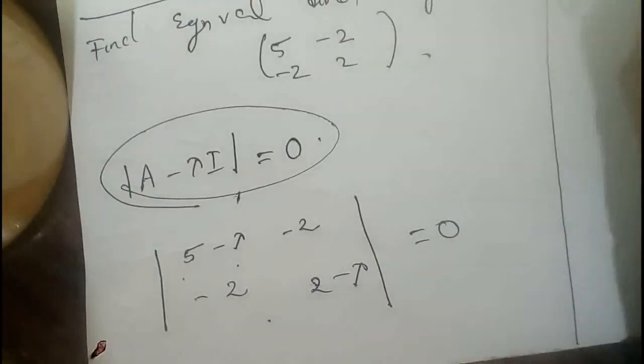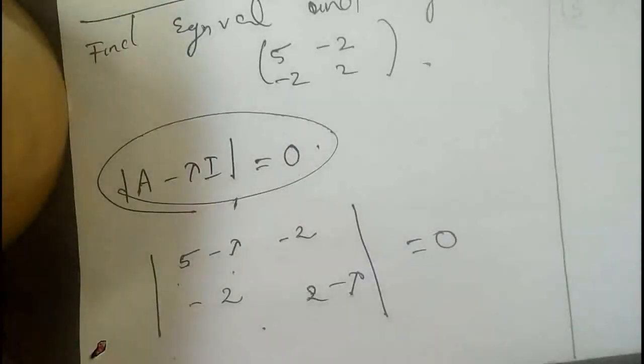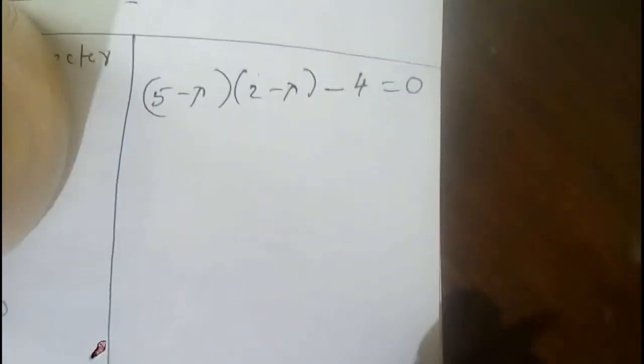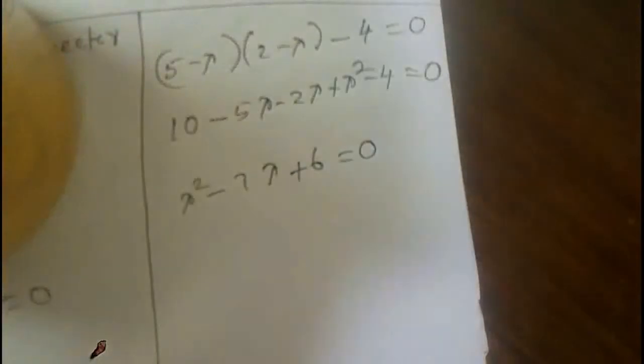So then we find the determinant: 5 minus lambda into 2 minus lambda minus 4 equal to 0. Then multiplying, 10 minus 5 lambda minus 2 lambda plus lambda square minus 4 equal to 0. So lambda square minus 7 lambda plus 6 equal to 0.